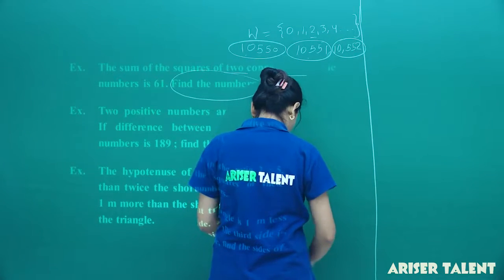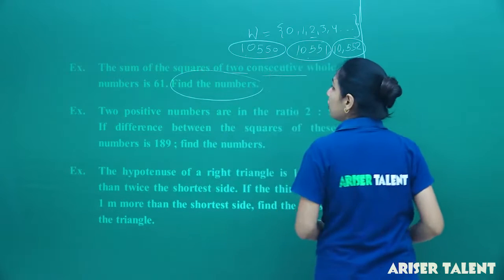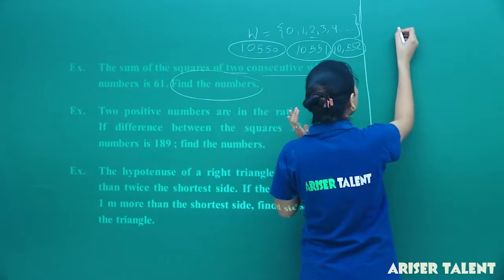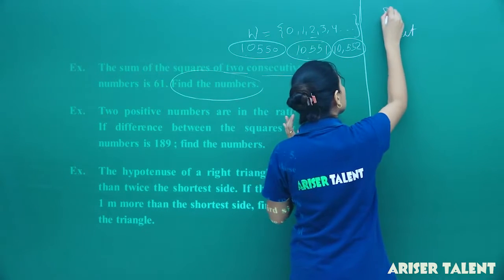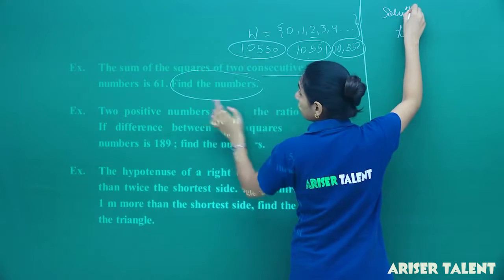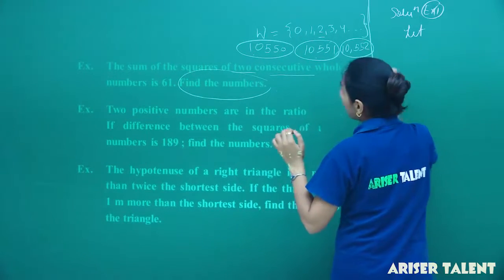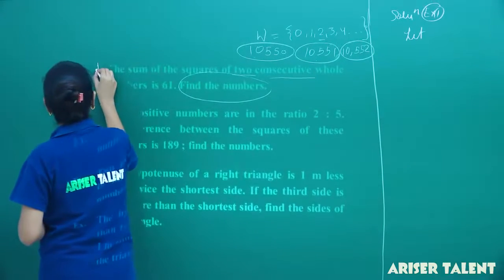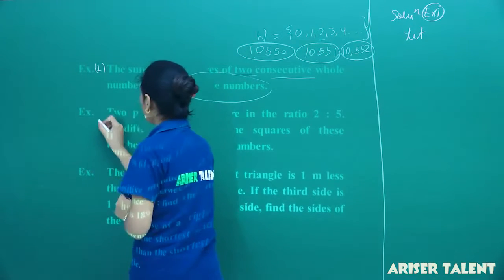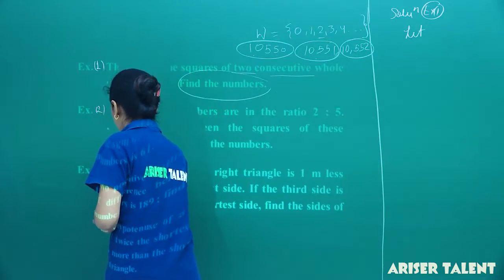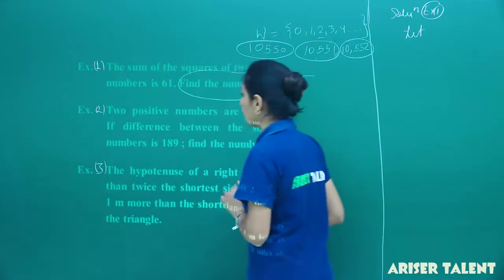Okay, now talking about our equation, sum of this whole square. Solution, example 1. Let me write here 1, 2, 3 so that you will not be confused about which solution I am talking about.